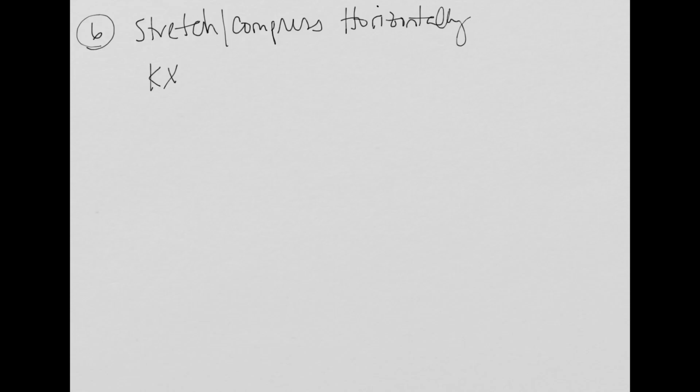So it's kind of the opposite, just like you would think. It's the opposite of the vertical one. So for this one, if k is greater than 1, then we're going to compress. And if k is less than 1, then we stretch. It's the opposite of the stretching and compressing vertically.